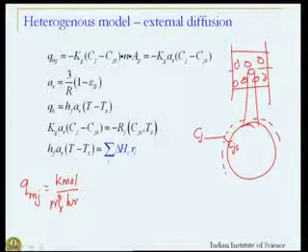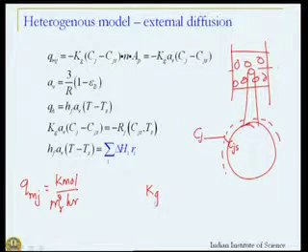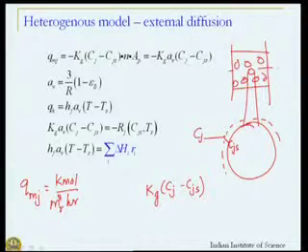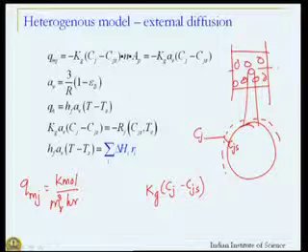So, what did we write for an individual single particle? We wrote that Kg into Cj minus Cjs must be the rate of reaction or rate of change of the Jth species for this one particular catalyst.